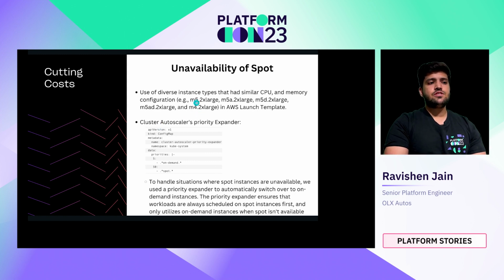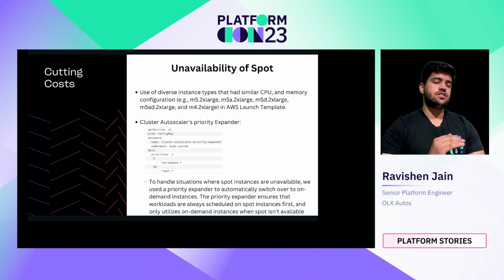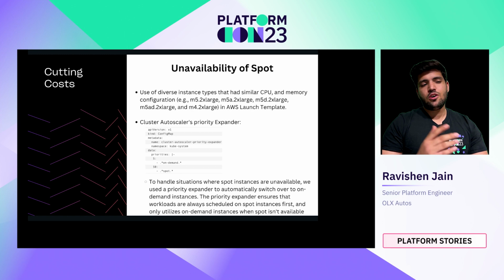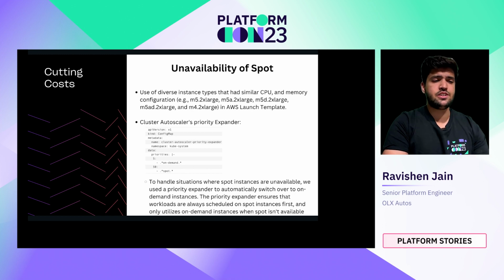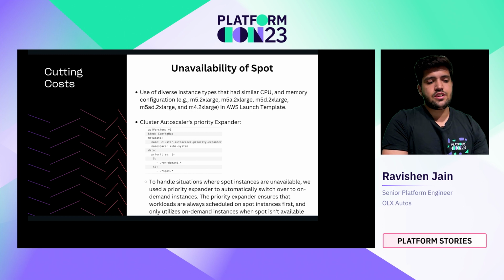So it will first try to launch your primary instance, let's say M5 2x large in this case, but if that isn't available, it will check these other instances, and if all of them are not available, then it will fall back to on-demand instances in our scenario. So it would ensure that at no point in time is your cluster exhausted of compute.